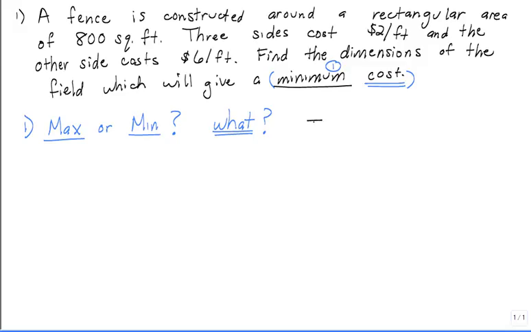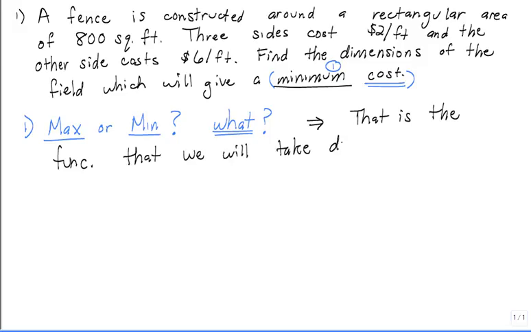Because what that means is that is the function that we will take the derivative of. Again, to find a max or a min, you take the derivative and set it equal to 0.